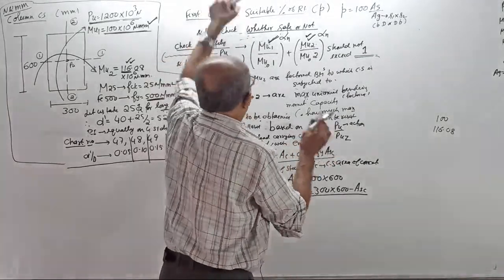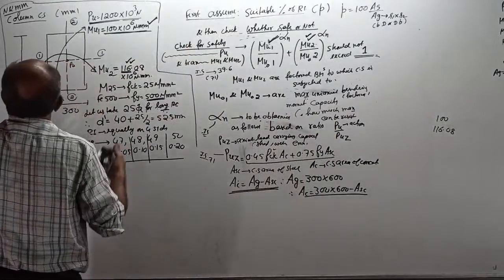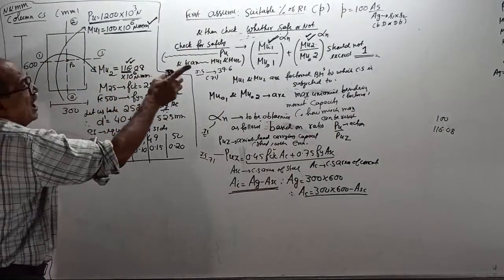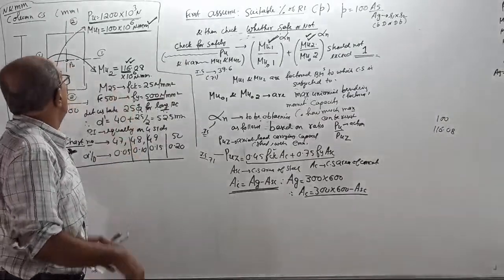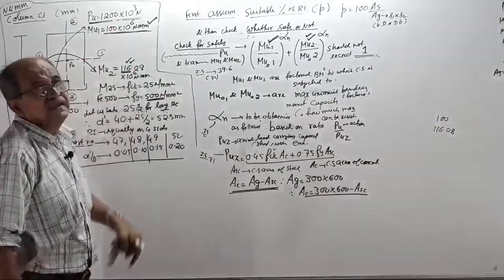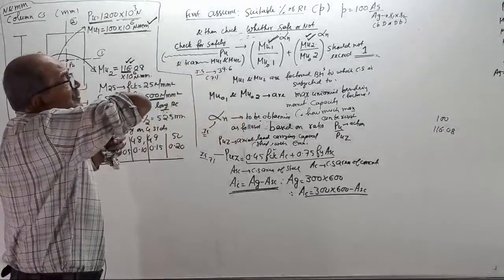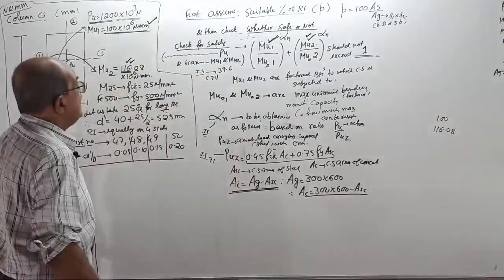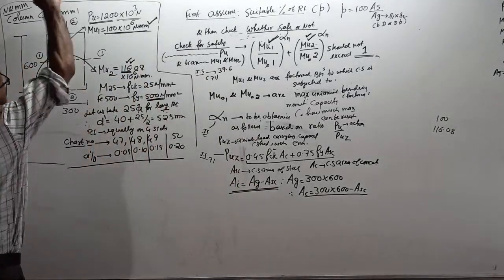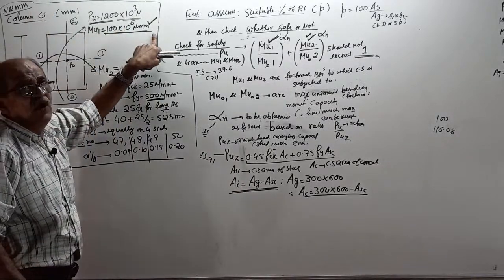Now I will remove everything. Remember, from now onwards, when I continue, if I ask axial load, tell 1200 kilonewton, conversion I will do. If I ask you the factored BM, about 22, tell 116.08. If I ask the other factored BM, that is about 100 kilonewton meter.